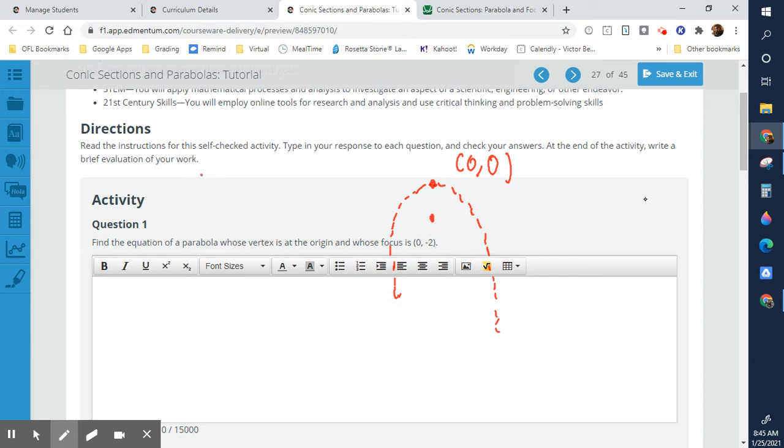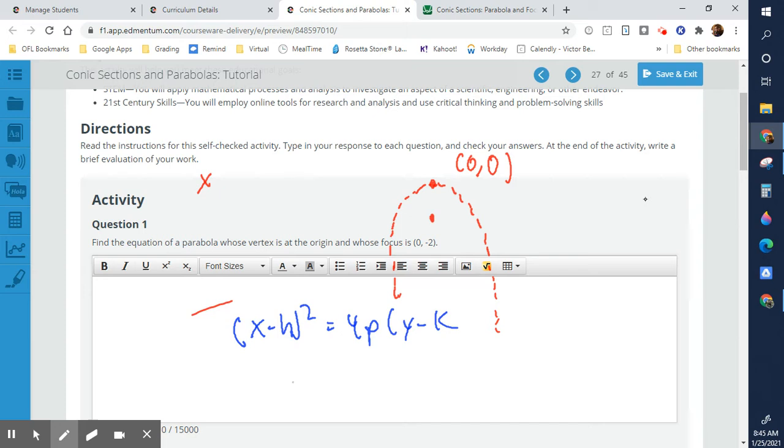Right off the bat, we know this is x squared, so let's look at the formula. I realize I'm going a little too fast here. I'm sorry, especially since you guys can't comment until after I film this. The formula is x minus h quantity squared equals 4p times y minus k.